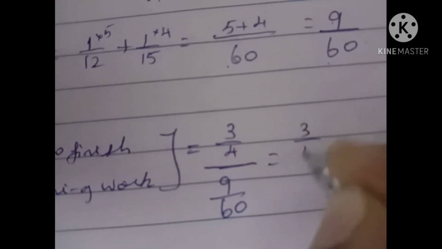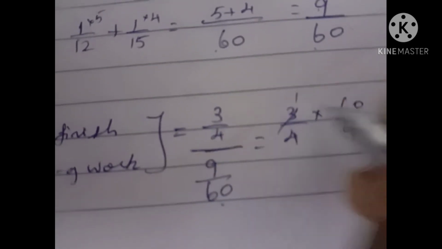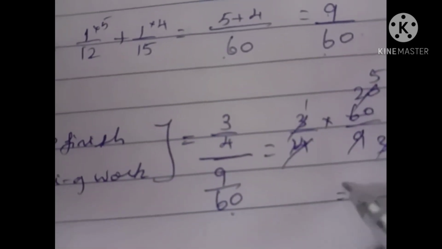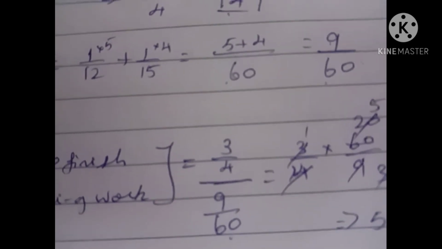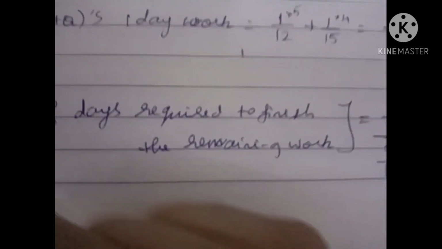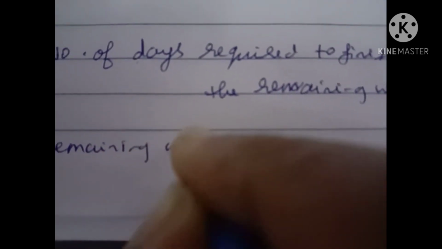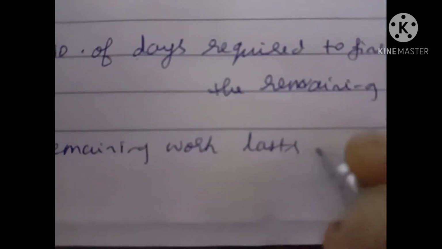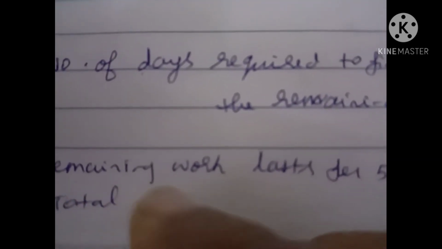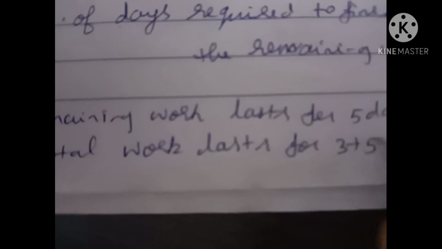If you take the reciprocal of 9 by 60, it is 60 by 9. 3 table, 3 1s are 3, 3 3s are 9; then 3 table 20 times, 4 table 5 times, which is equal to 5. The remaining work lasts for 5 days. Therefore, the total work lasts for 3 plus 5, which is equal to 8 days.